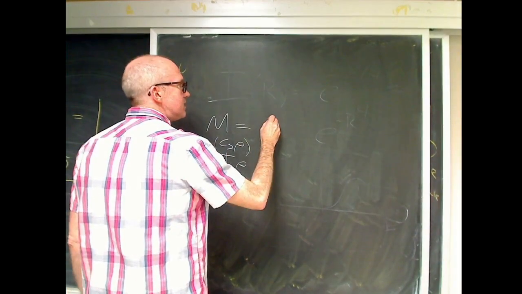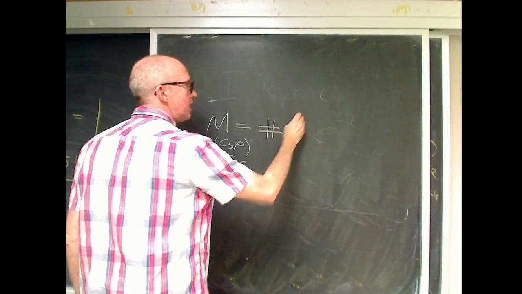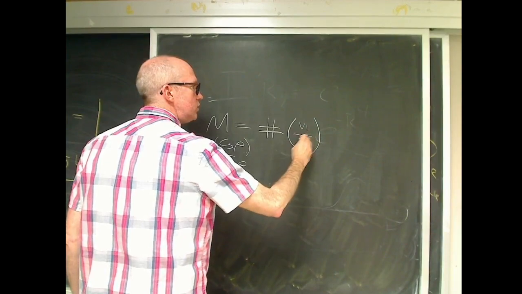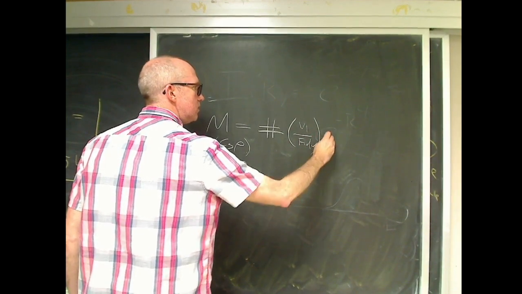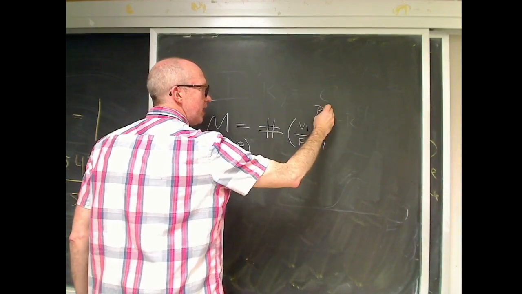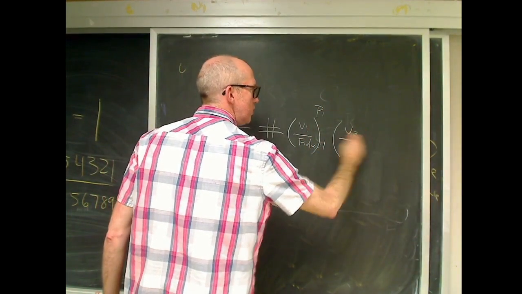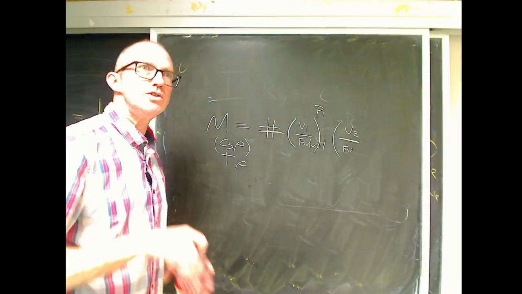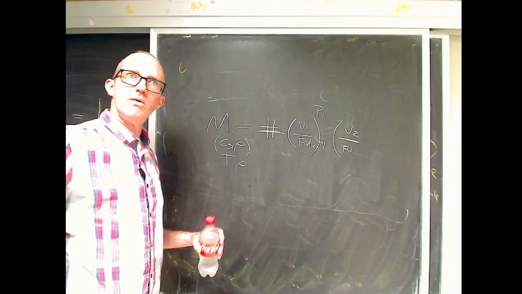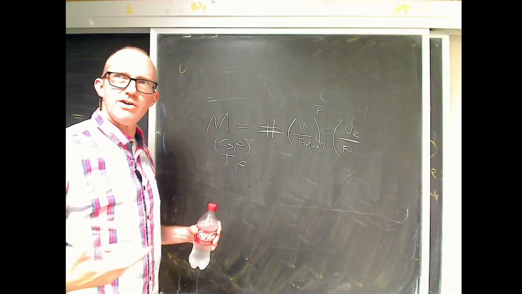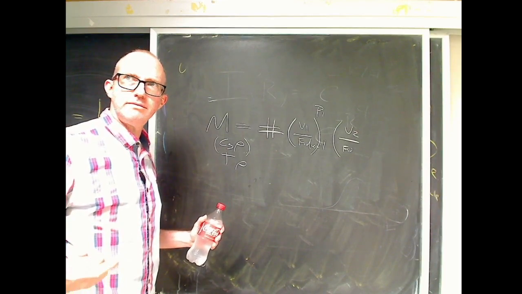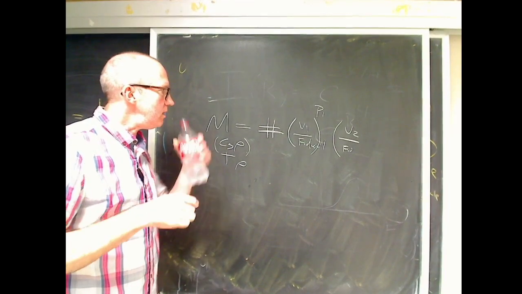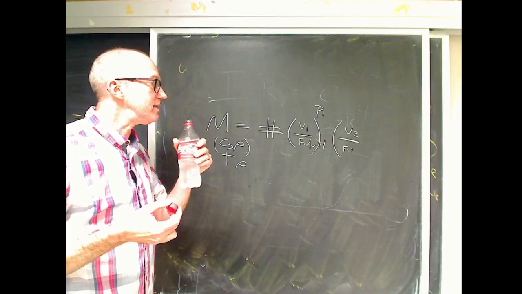The Jeans mass is some number times how it behaves with variable 1 relative to fiducial 1 to the power 1, and then other variables, variable 2 over fiducial 2. What does fiducial mean? Comparison? Yeah, fiducial means the thing that I'm comparing everything else to. It's like your standard.